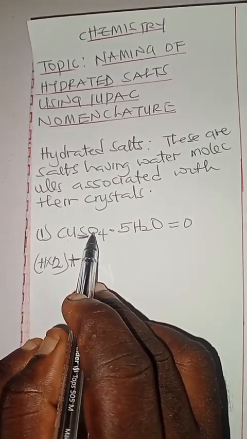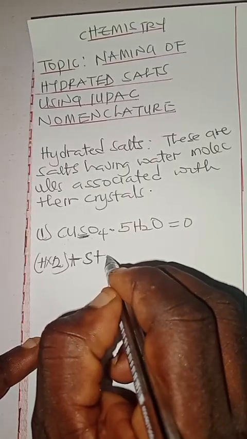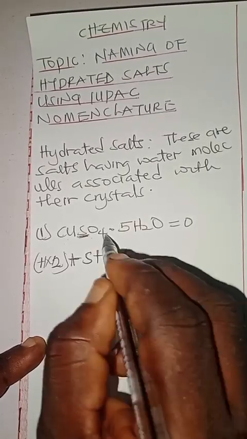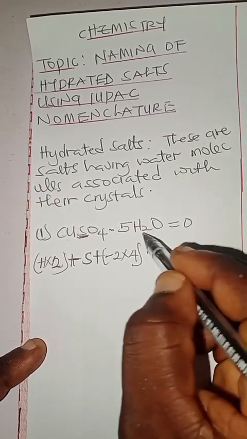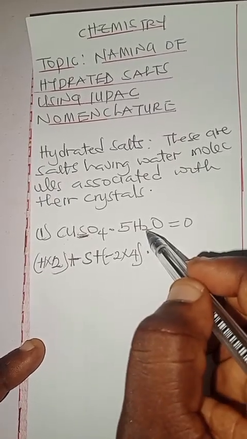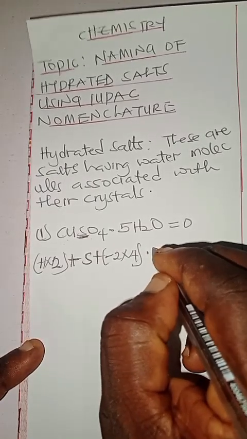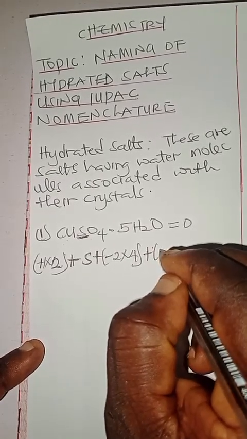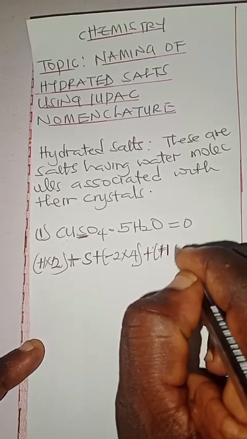Now, we have oxygen here. Oxygen has oxidation number of minus 2. And how many atoms of oxygen? We have 4. Then if we go further, here we have 10 atoms of hydrogen. Hydrogen is plus 1 times 10.